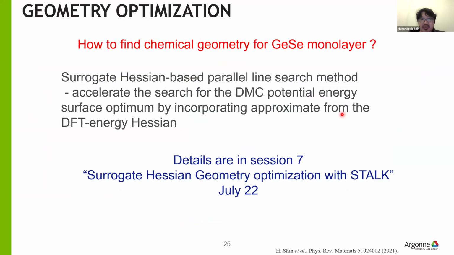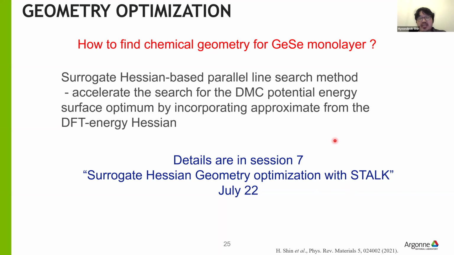So how do we find the correct geometries for the germanium selenide monolayer? We use the recently developed surrogate Hessian-based parallel line search method that accelerates the search for the DMC potential energy surface optimum by incorporating approximate Hessians from DFT. I'll skip the detailed explanation of this method, because the details will be presented in the next session, titled surrogate Hessian geometry optimization, in a talk by Dr. Juha Tiihonen, who developed this method.